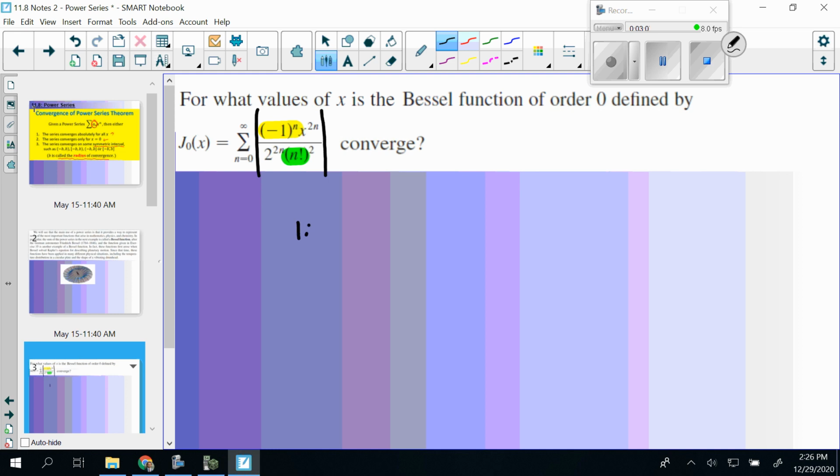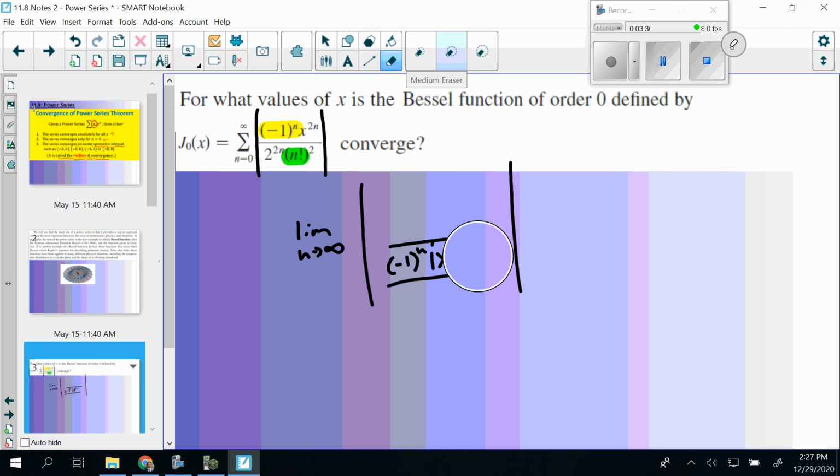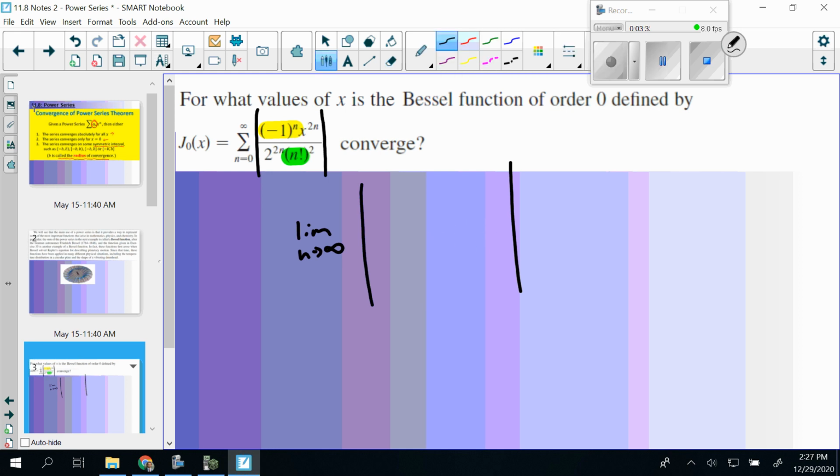So we want to do the limit as n goes to infinity of the absolute value of these two, the bottom one being just our regular series here. So -1 to the n, x to the 2n, and this should have absolute value, well, I guess it's all in an absolute value. So I'll just go back here.